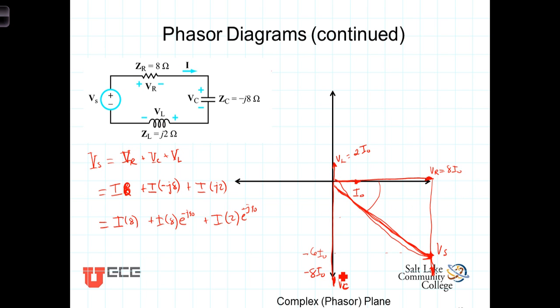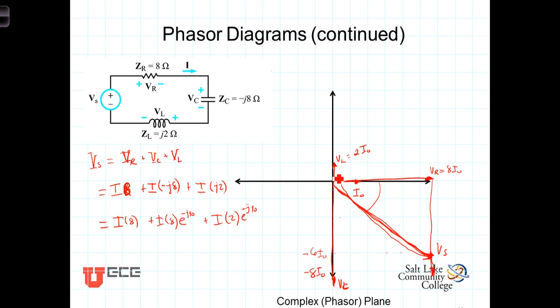It's shorter than V sub c, because V sub c and V sub l are in opposite directions, and they tend to cancel each other.